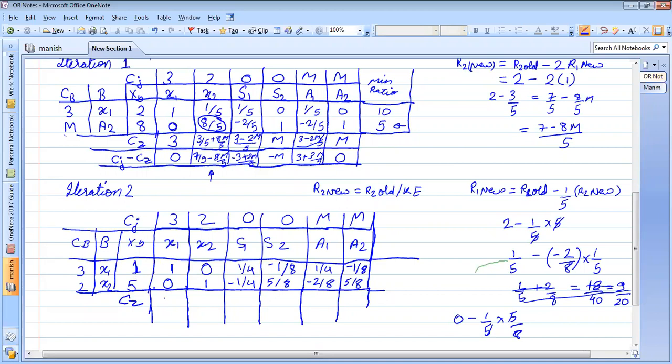So 3 into 1 is 3 plus 0 into 2 is 0, so this will become 3. 0 into 3 is 0, 1 into 2 is 2, so this will become 2. 1 by 4 into 3 is 3 by 4 minus 2 by 4.